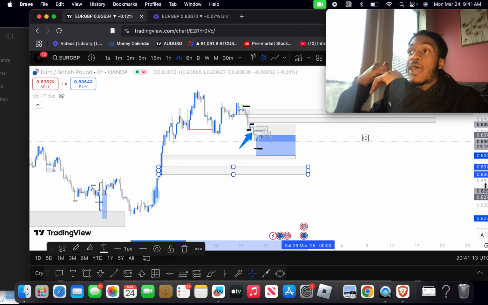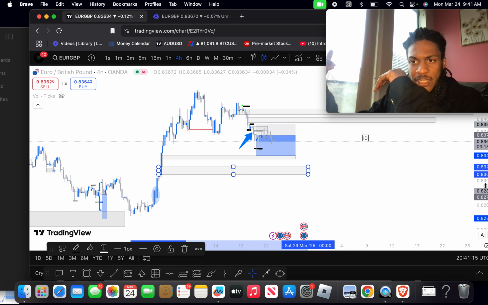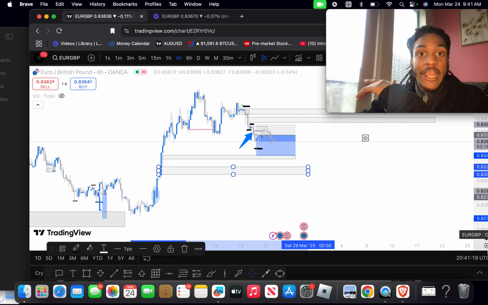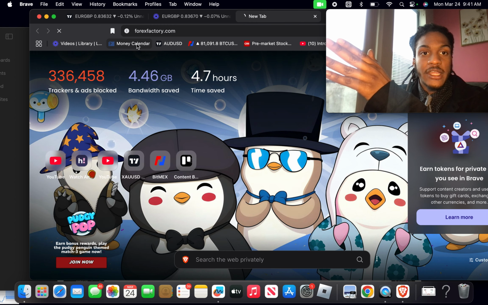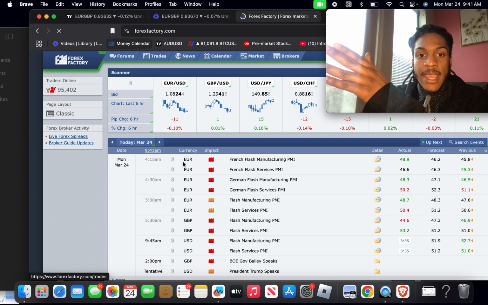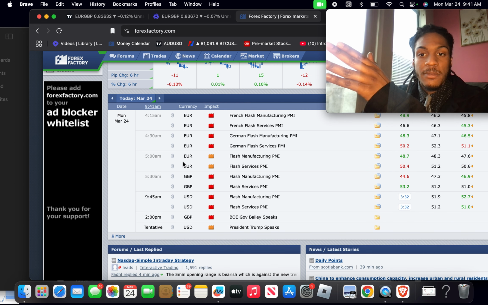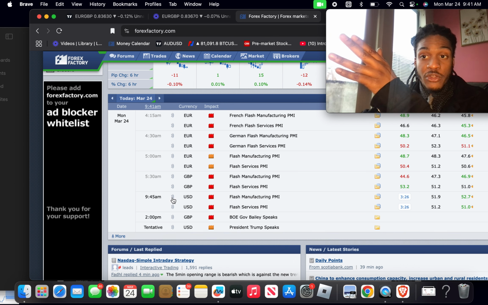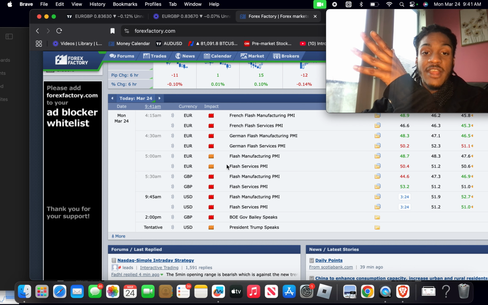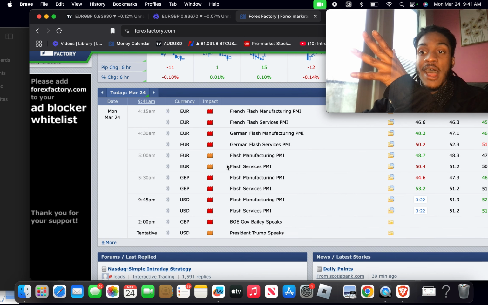The assets that you choose on your watch list on TradingView should be based off the news. I don't randomly choose stuff to trade. I look at the economic calendar like I'm doing right now. It shows me euros moving, GBP moving, USD moving. I'm only trading these. And if I'm trading futures, I'm only trading futures when the US dollar is moving. It's set to orange and red to show me medium to high volume news.